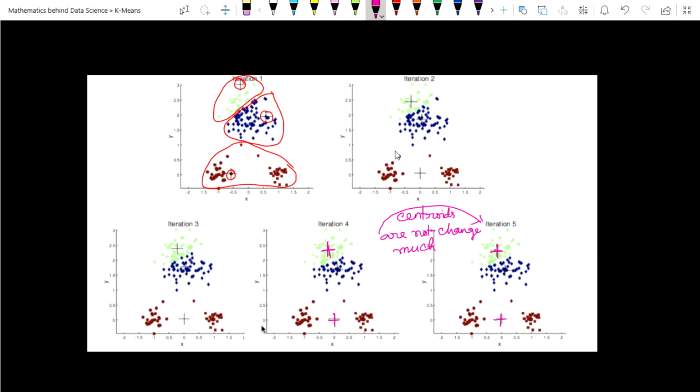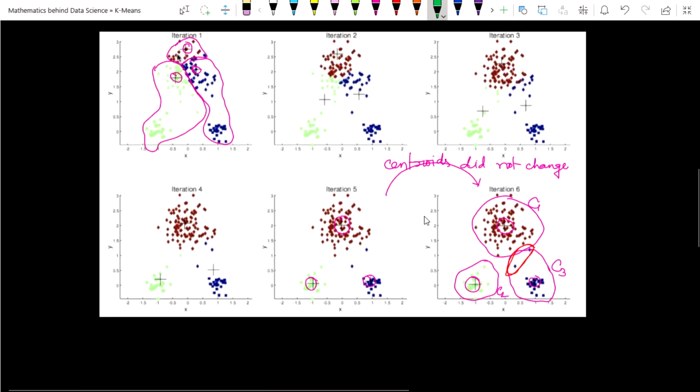But the problem is here, just see this cluster. At the end of our algorithm, this makes one cluster, this makes one cluster, and this makes another cluster. But this is very different from our original one.